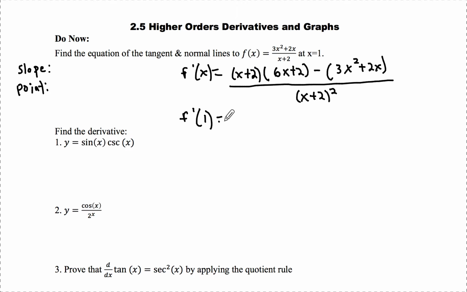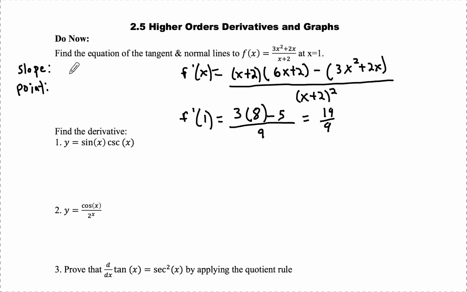I need the derivative at 1, so f prime of 1. I'm going to plug 1 into all of this now. That'll be 3 times the quantity 8, minus, when I plug in 1 over here, 3 plus 2, which is 5, over, when I plug 1 into the denominator, 1 plus 2, that's 3 squared, which is 9. That's 3 times 8 is 24, minus 5 is 19 over 9.